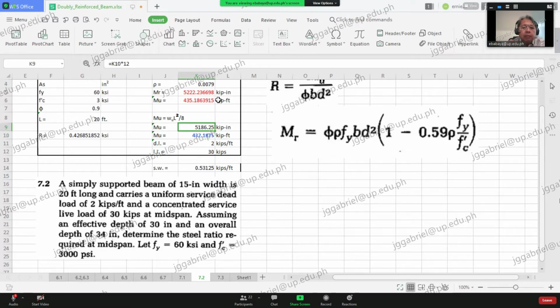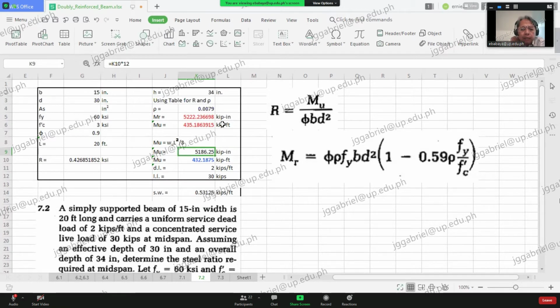Now, multiplying that by 12, you get 5,186.25. Okay, now, how do we get the rho of 0.0079?